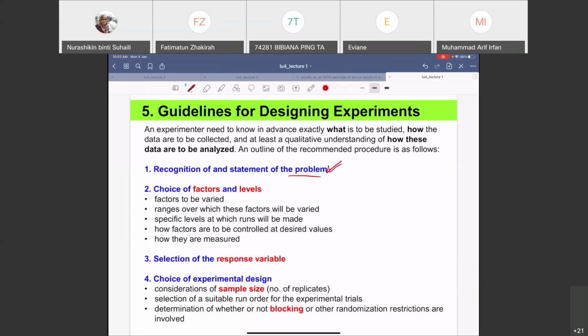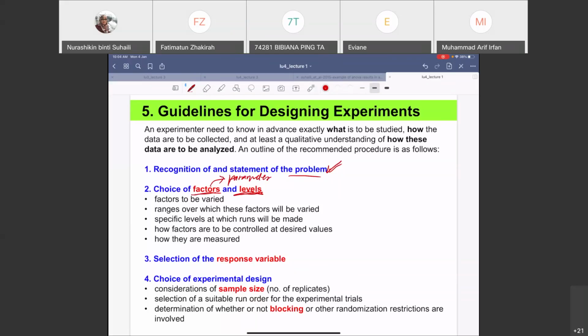And then choice of factors and levels. Okay, factors are the parameters or variables that you want to study, the ranges over which these factors will be varied. Range is maybe you set a certain range, for insects maybe a certain length or a certain diameter that you want to analyze.